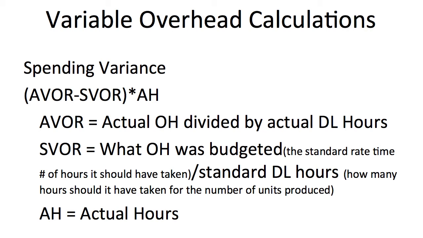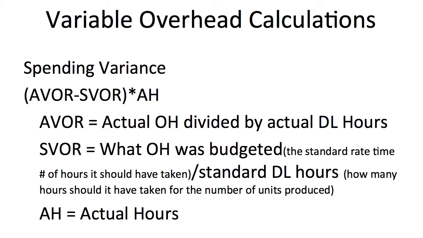Now you're going to deduct that from the standard variable overhead rate. So the assignment's going to tell you what variable overhead was budgeted at, and it's using a per hour calculation. Well, obviously that per hour calculation is going to be multiplied against the standard direct labor hours. So in the homework, it gives you an example of 0.25 direct labor hours per unit.